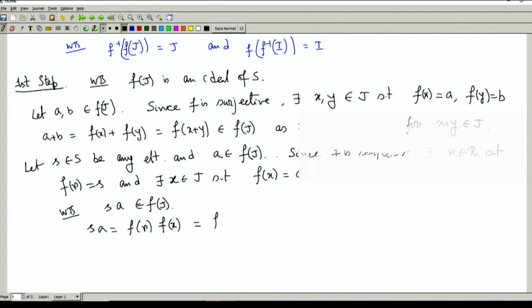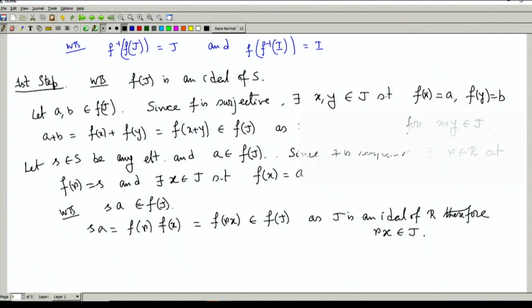Therefore, this is nothing but f of r x, and since J is an ideal in R, r x belongs to J, therefore, this belongs to f of J. This is happening because, as J is an ideal of R, this r times x belongs to J again.